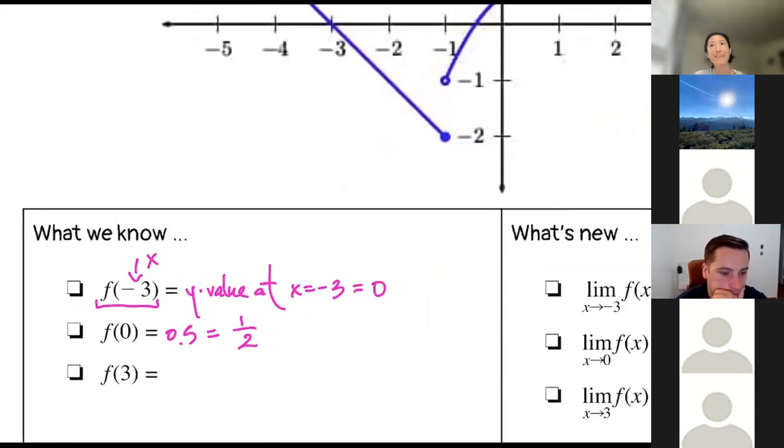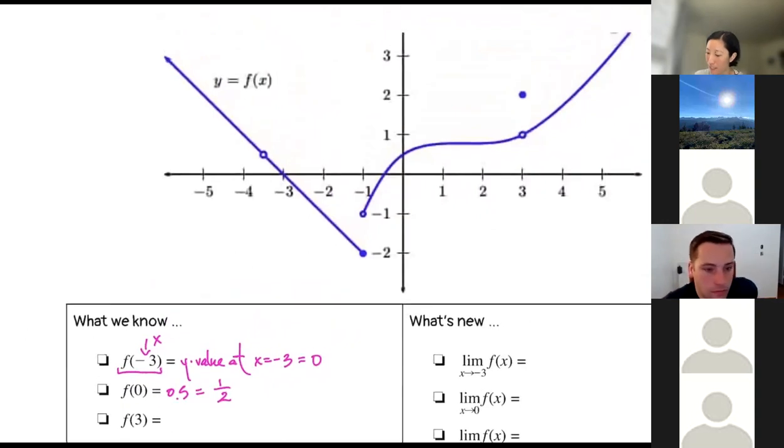Okay. All right, so f of 3 then, if we look at this graph up here, 2. I see 2, I see 2, I hear 2. All right, and so when we look at our graph, we want to go to x equals 3, and then we're going to find out where the filled in point is, right?